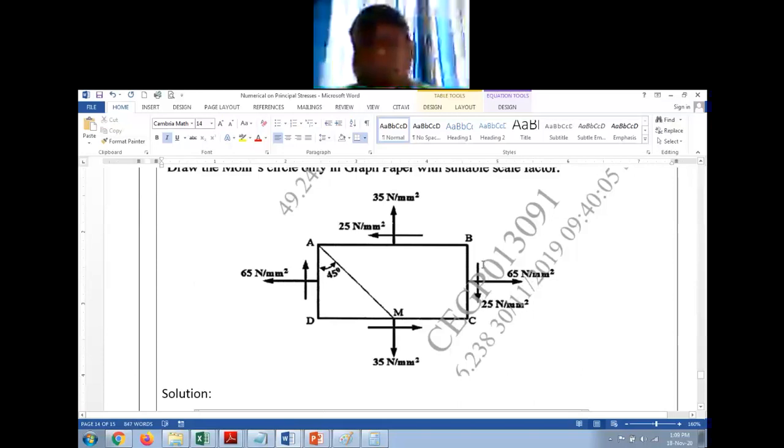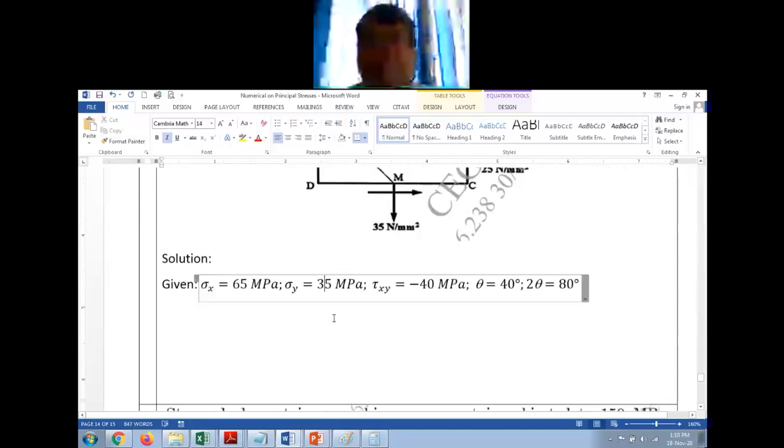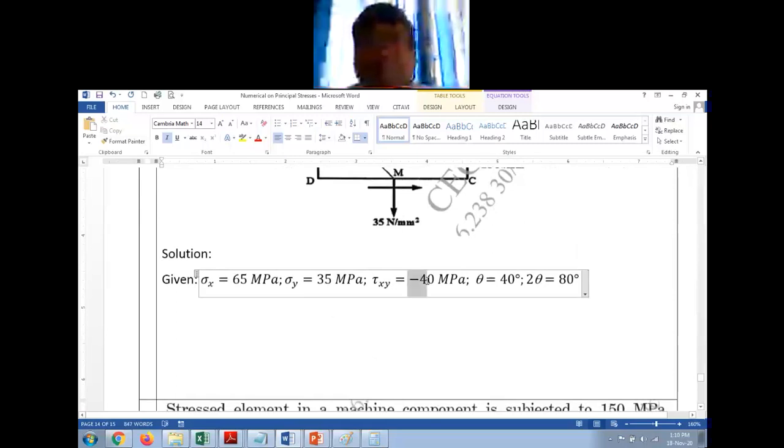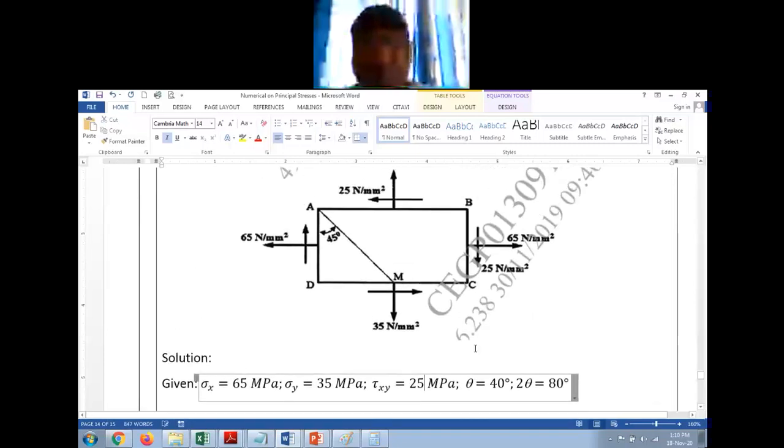With respect to the x axis, this is downwards, this is upwards. So this is making a clockwise rotation, so it will be positive, clockwise is positive. So tau xy is 25 megapascal.